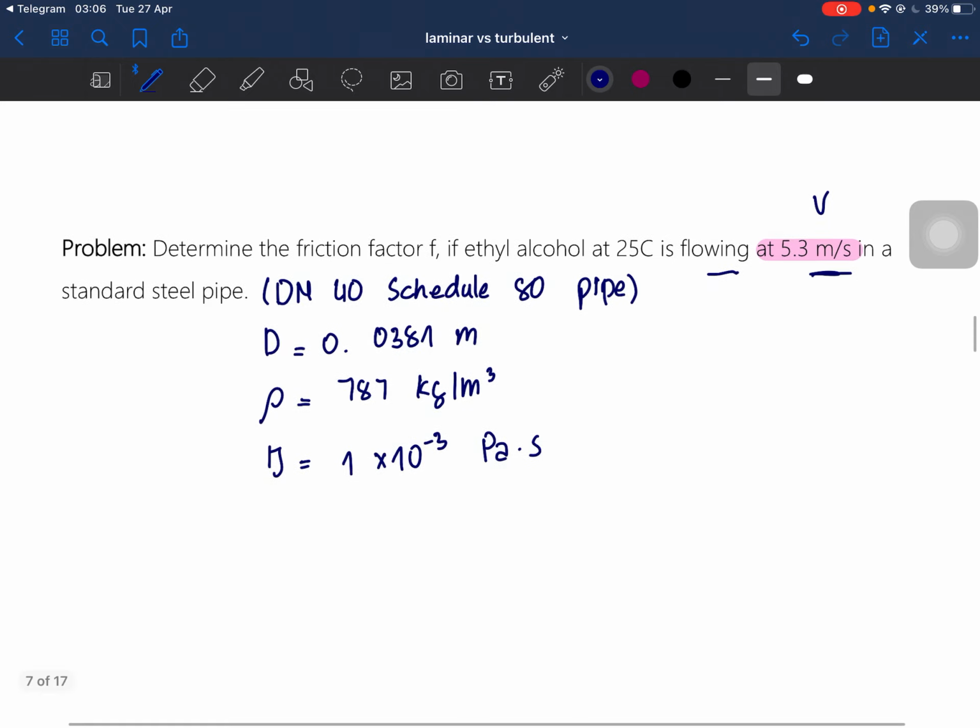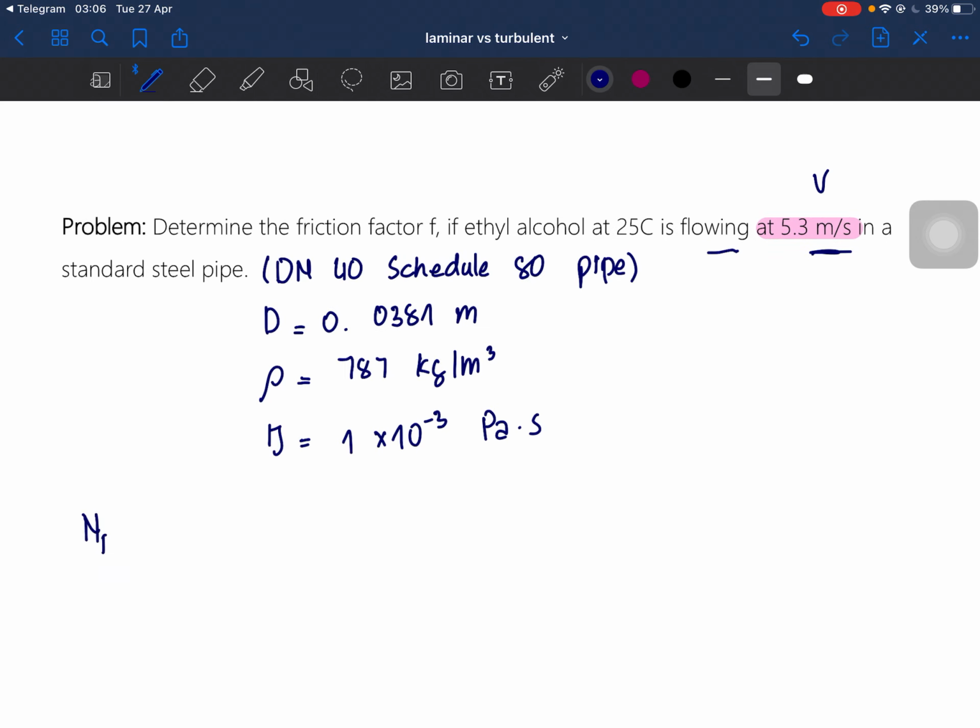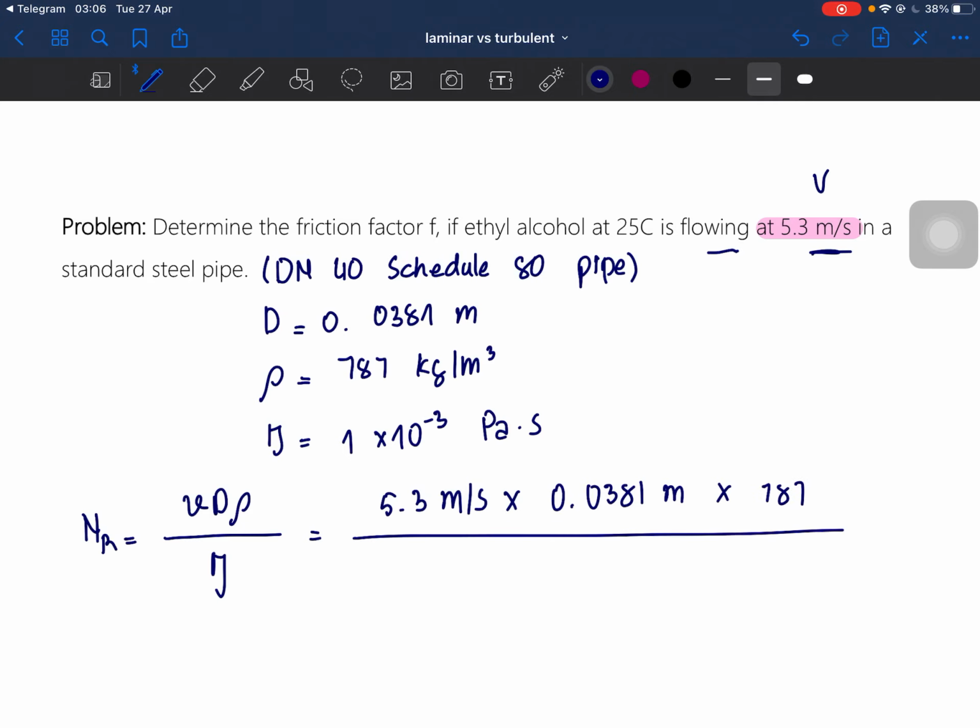And for NR, the Reynolds number is equal to VD over this one. So now we have 5.3 meter per second times 0.0381 meter times 787 over 10 to the minus 3.